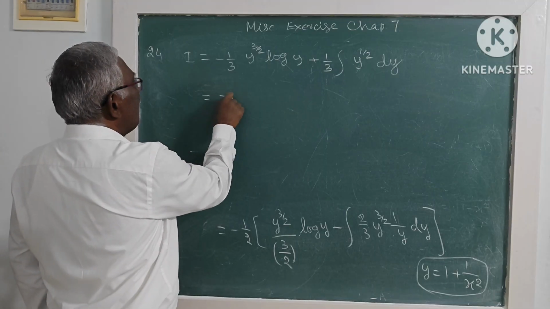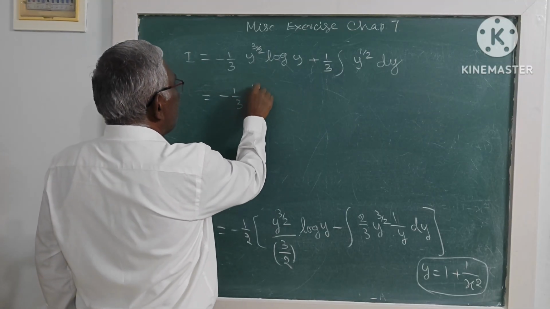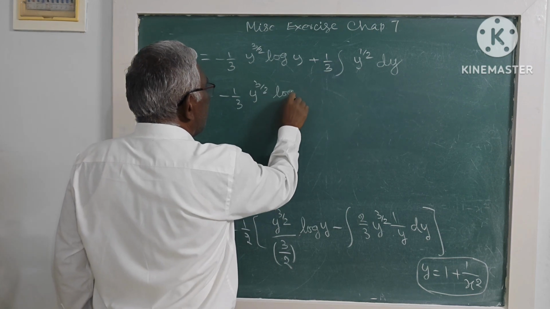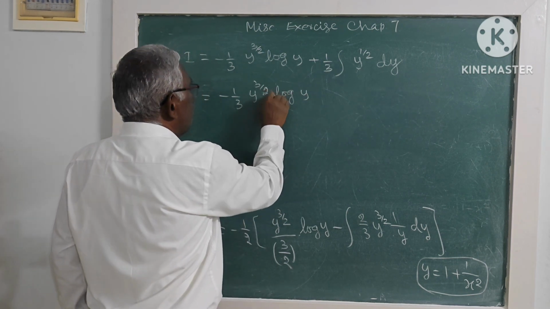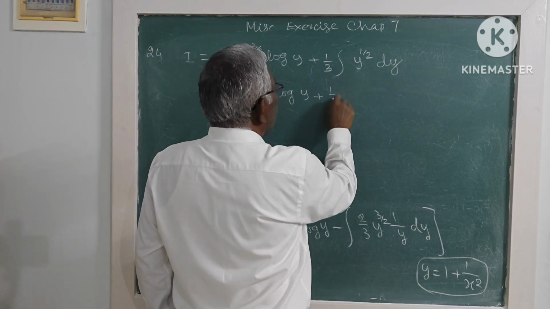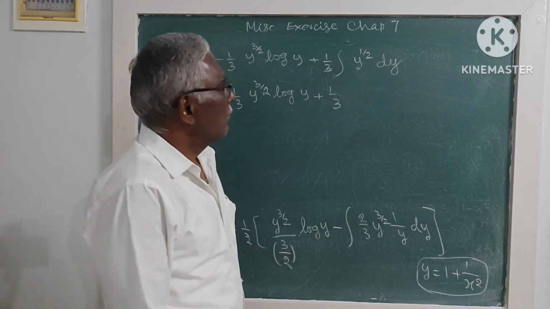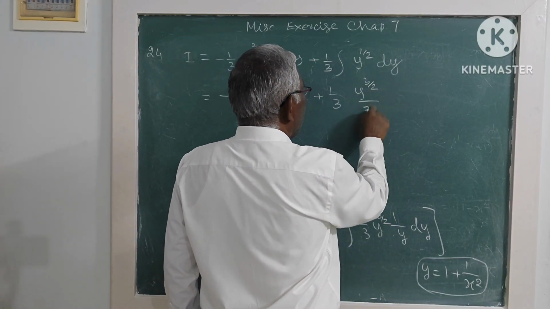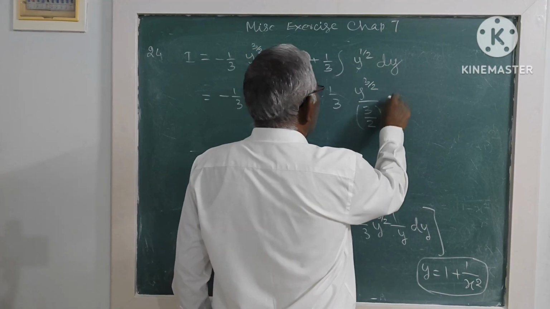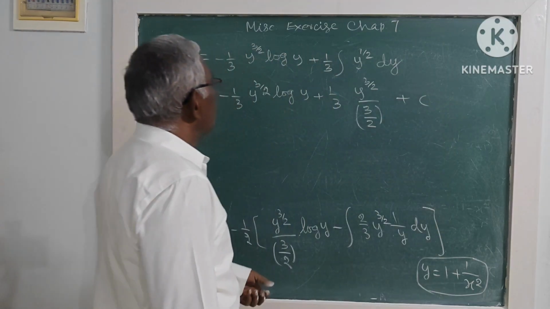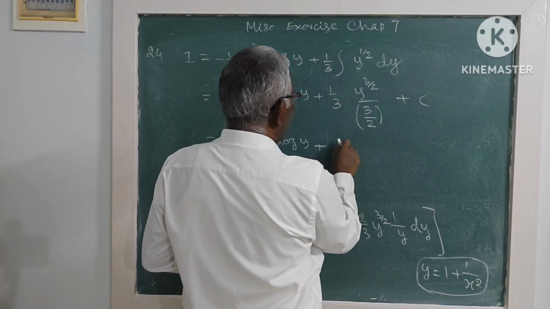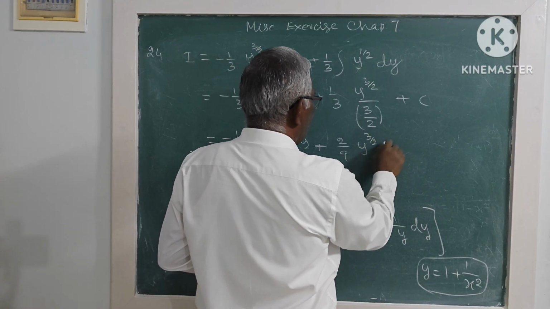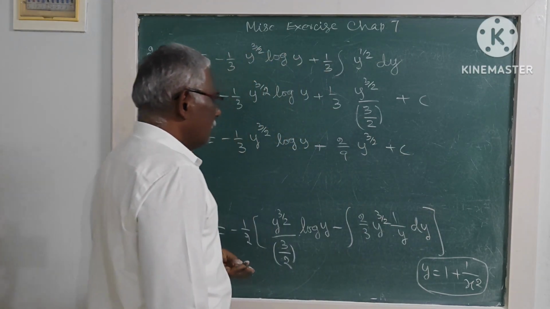So this will be minus 1 by 3 y power 3 by 2 log of y plus 1 by 3 times, if you integrate this, y power 3 by 2 by 3 by 2 plus constant. So this will be 2 by 9 y power 3 by 2 plus constant.